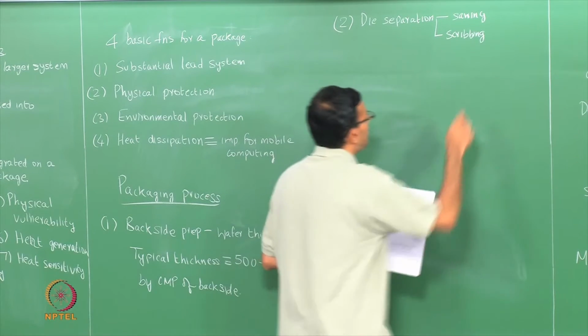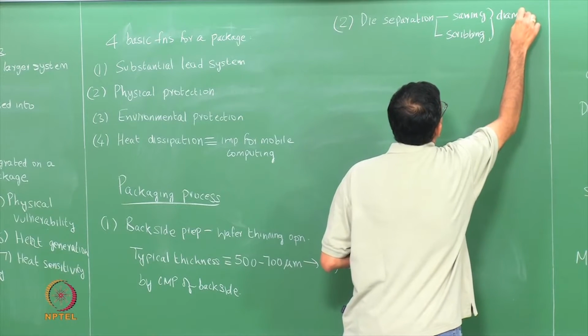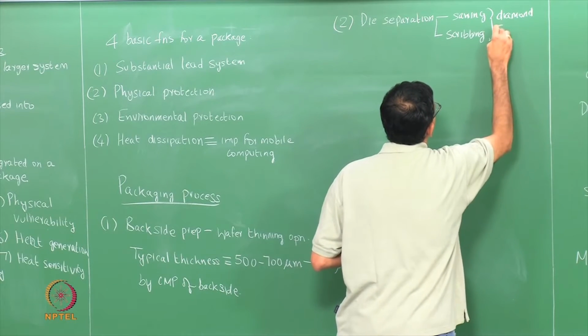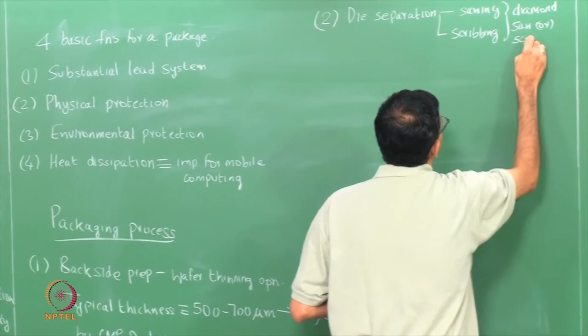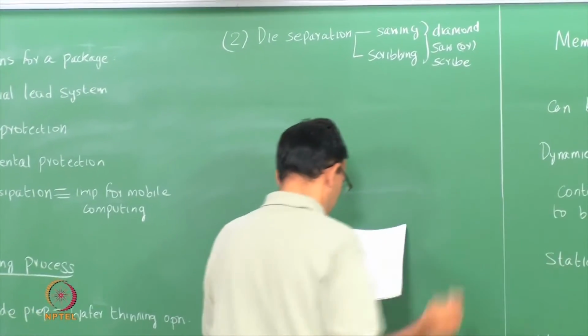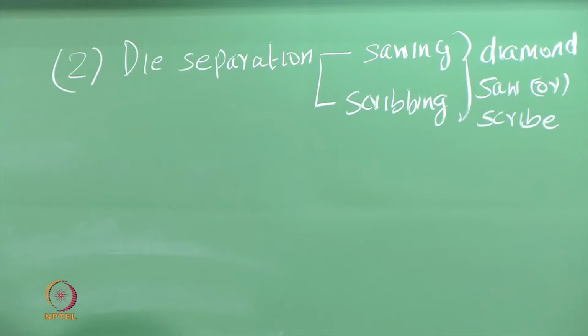Usually you use a diamond based system. So, you have a diamond saw or scribe. This is used in order to separate the dies.